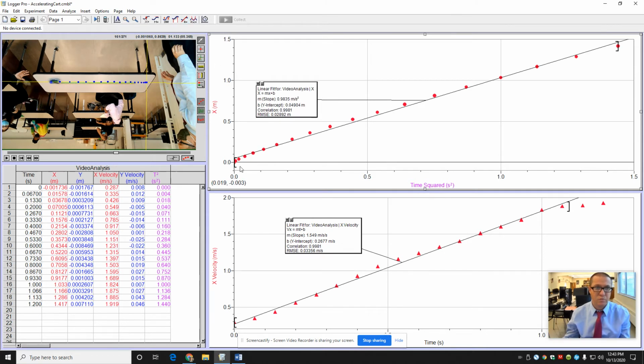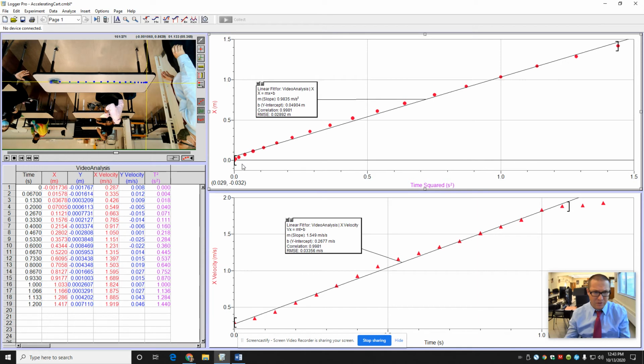Hey, not too bad. 0.998 correlation. So that correlation agrees with this. Pretty good. Now, it is a little bit curved, and maybe the data would have come out a little bit better had I plotted every single point. But, well, this is where we're at.